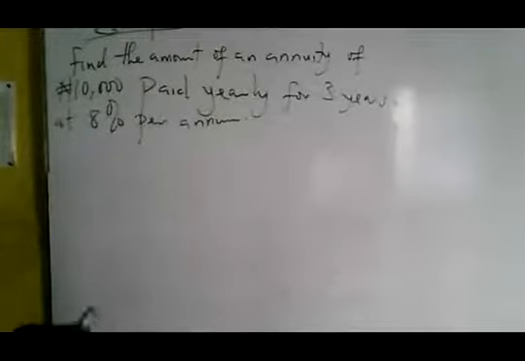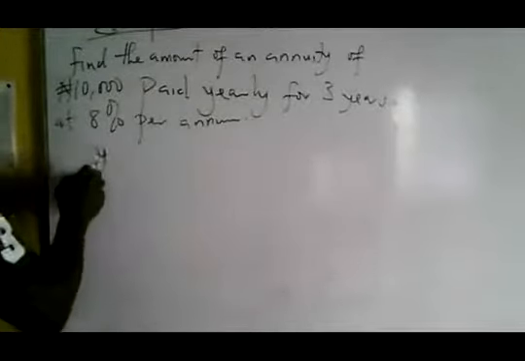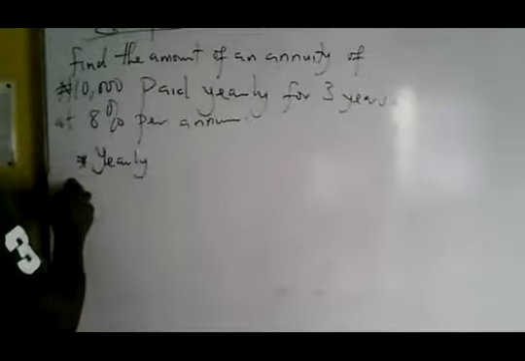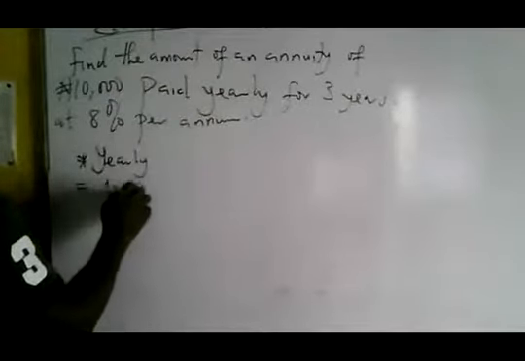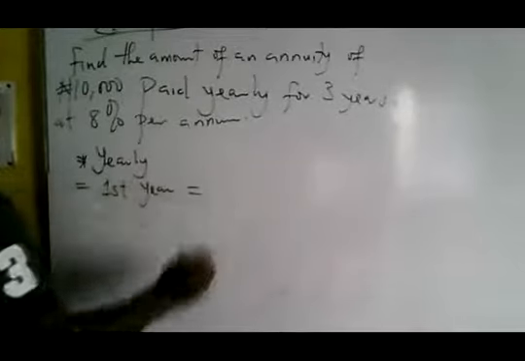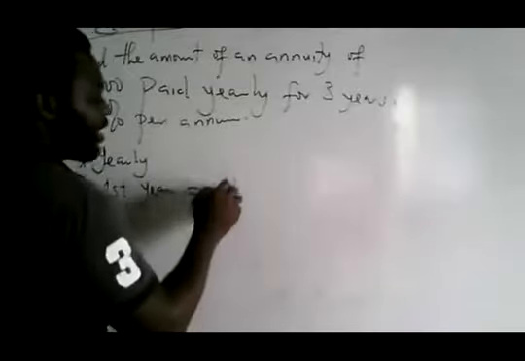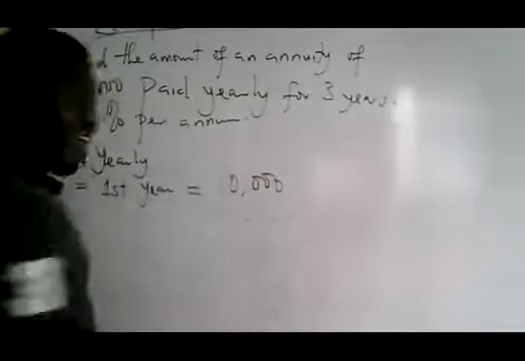Now, what do I mean by yearly? It has to be done yearly. Now, in the first year, are you following me? In the first year, I would receive 10,000 naira.